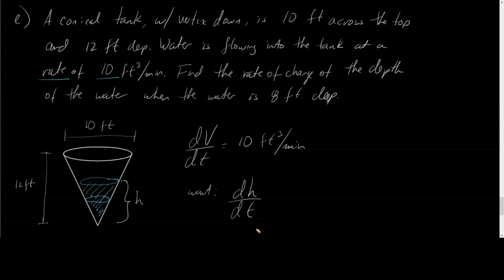Now in here, there's a lot of stuff going on, so let's break this down a little bit because there's a lot of things that we need. Here we're given the rate of change of the volume. So that right away tells me that I should be working with a volume function of some sort that includes a height.